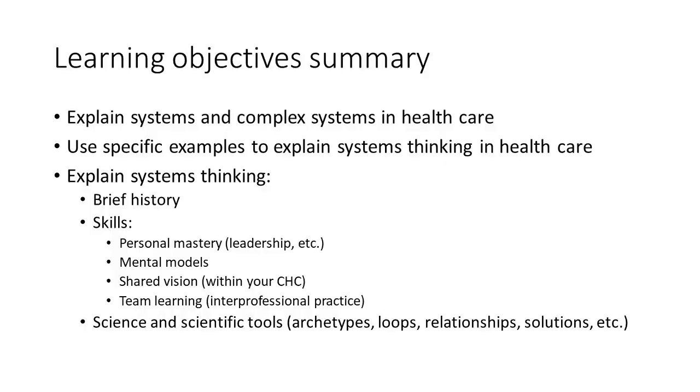We have discussed systems and complex systems in healthcare. We have used specific examples to explain systems thinking in healthcare. We covered a brief history. We talked about the disciplines that involve personal mastery, mental models, shared vision, team learning, and how these interlace with systems thinking.